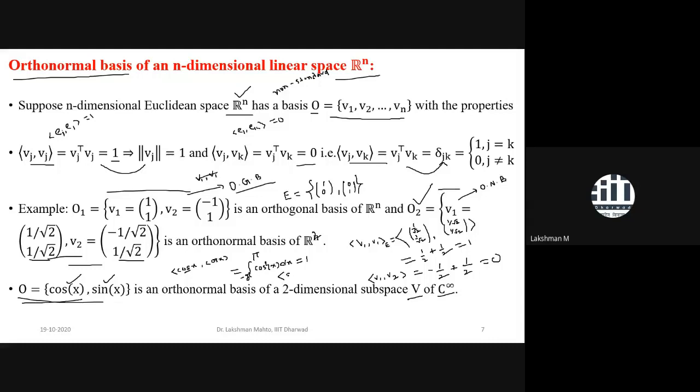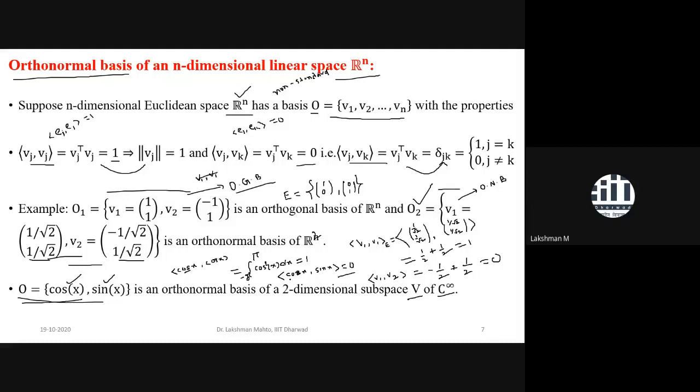Similarly, the inner product of cos x with sin x would be 0. So it is all about the ideas of high school. Just change your mind: whatever you have studied regarding the orthonormal standard basis, you are just trying to change it to a non-standard basis which has similar features to what the standard basis has. So if you find the dot product of cos x with sin x, it would be 0.